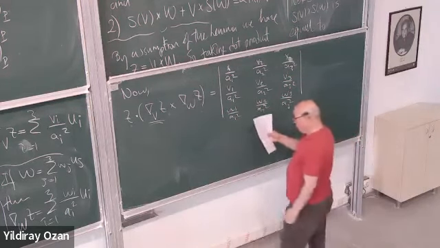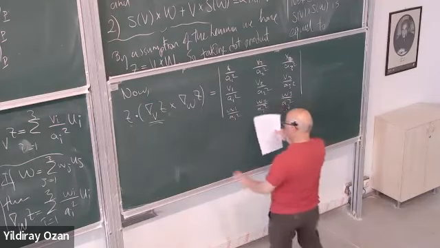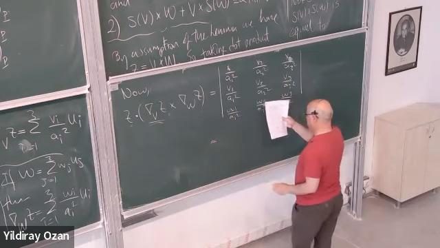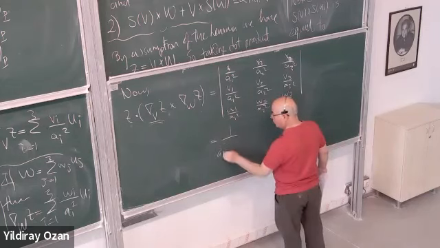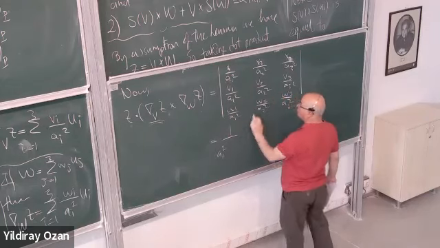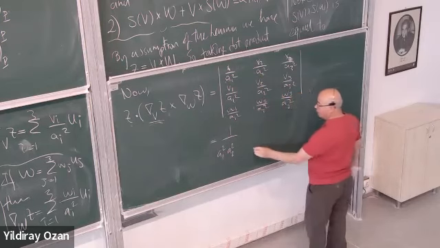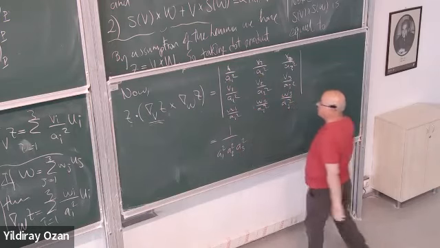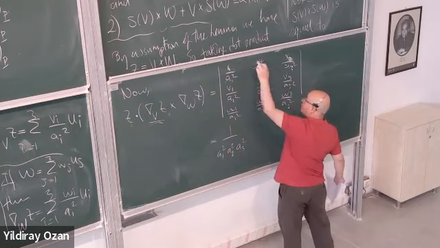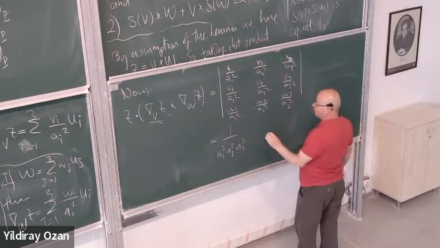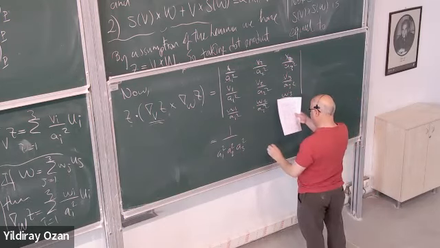And if you do the computation, let me tell you what you will get. Okay, I take a1 squared out from the first column, from the second column I can take a2 squared out, and from the third one I can take this one out. And what is left? I have x1, x2, x3. That is just, let me write it.